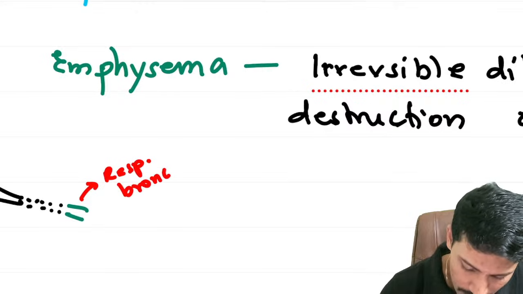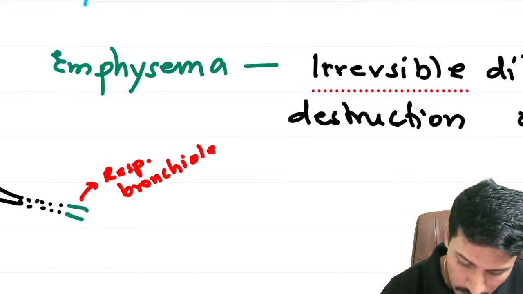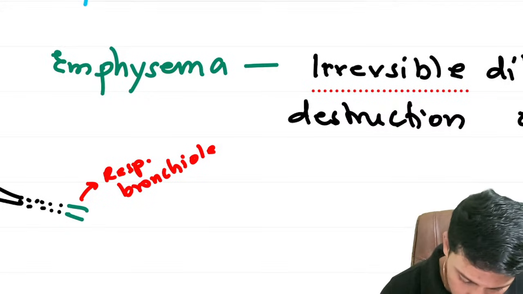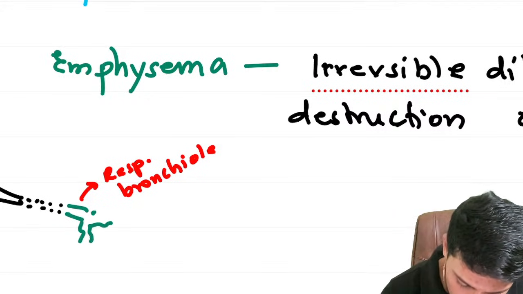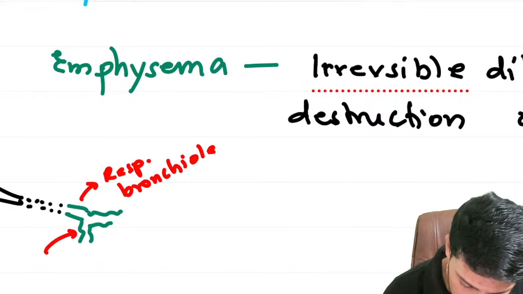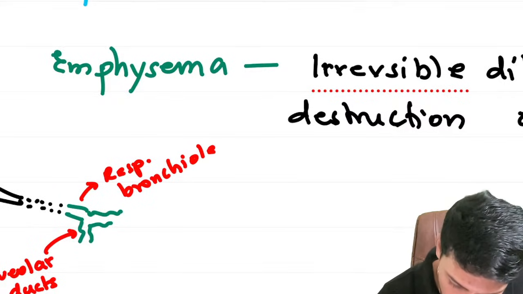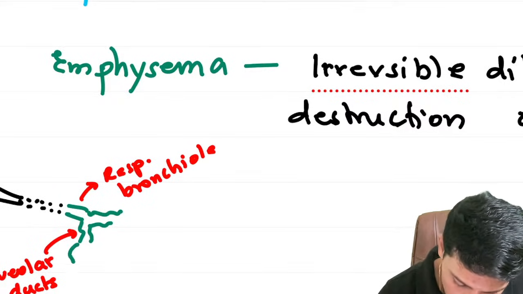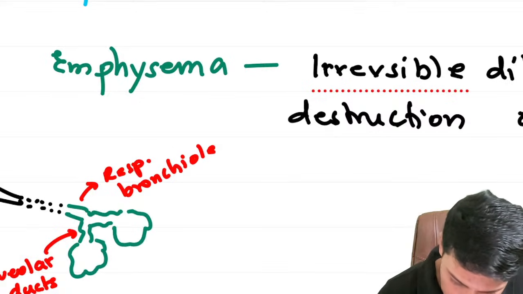The respiratory bronchiole might branch into what we call alveolar ducts, and alveolar ducts eventually lead to alveolar sacs.